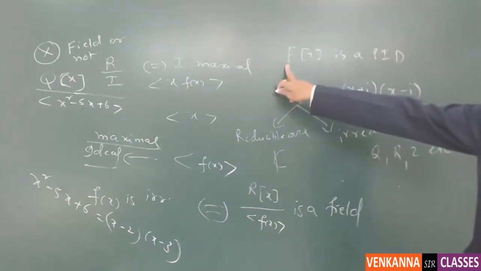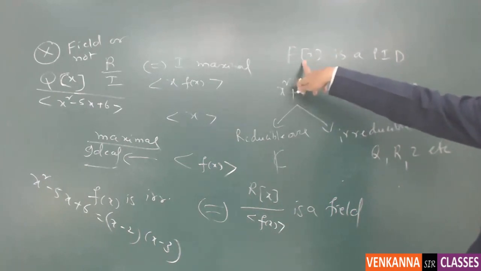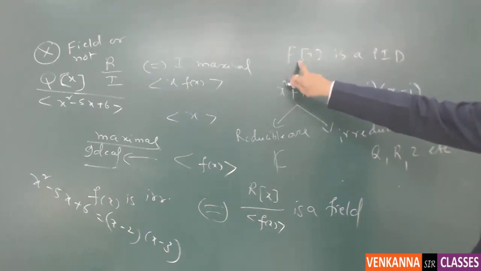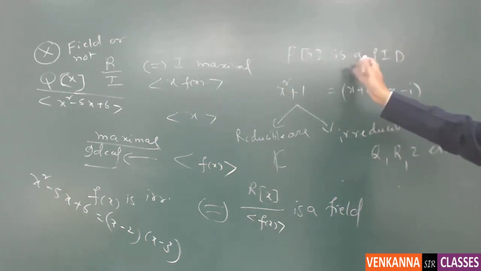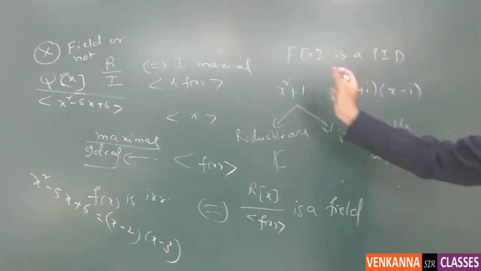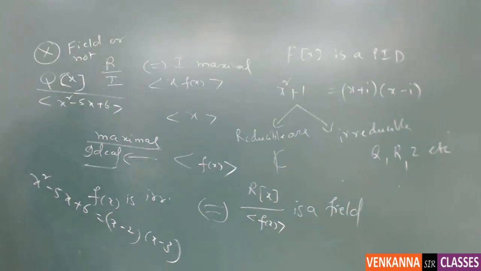So if you take a field F, F of x is nothing but the set of all polynomials with coefficients taken in the field, and this polynomial ring is always a principal ideal domain. So whatever ideal you consider, it is a multiple of some polynomial. These results we will discuss in the next class. I am just giving the outline for them.